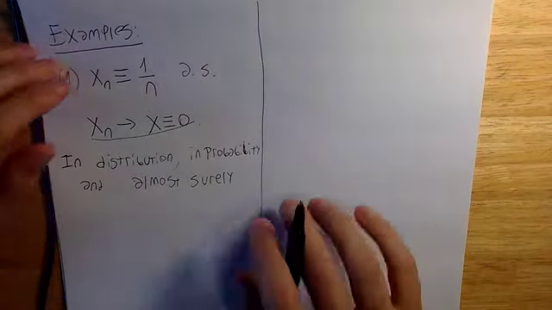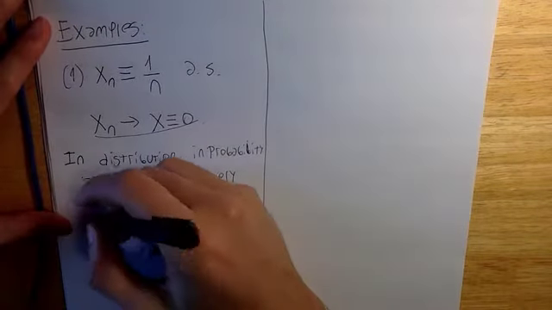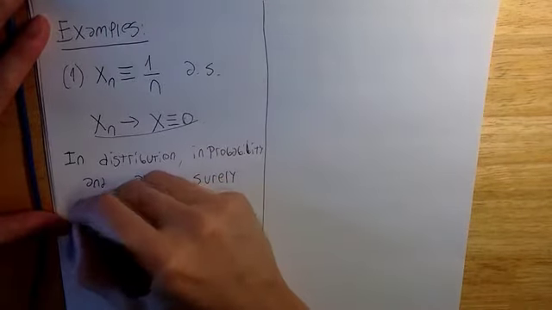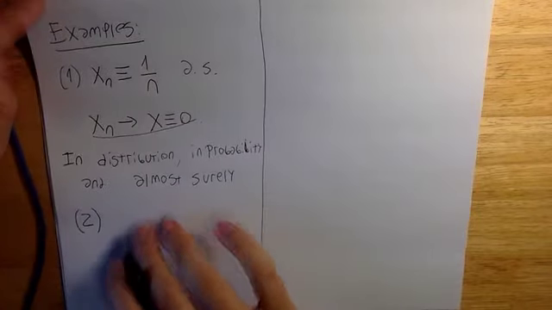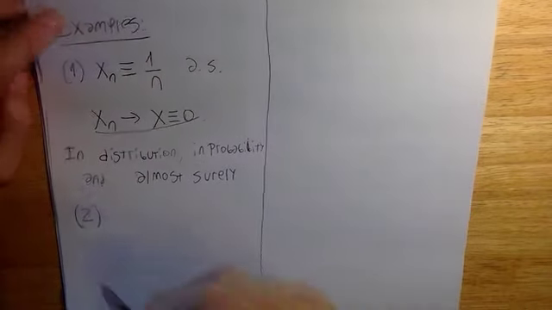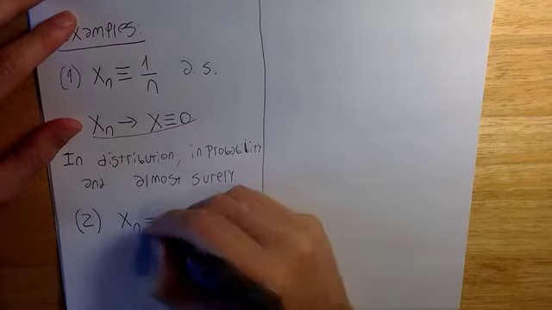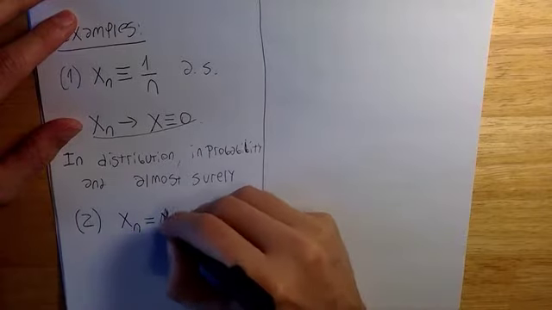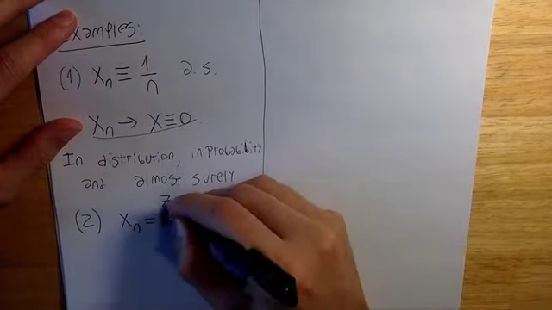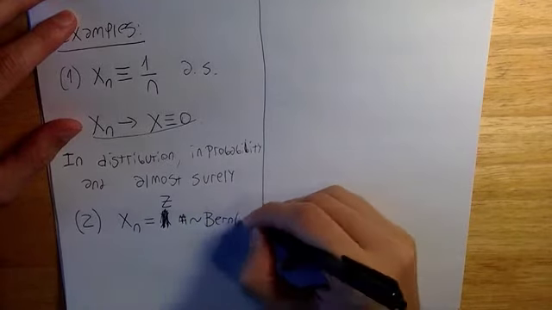Okay, what's another example? This one is a bit more non-trivial. Let's say that xn is equal to z, which is a Bernoulli variable with parameter 1/2.